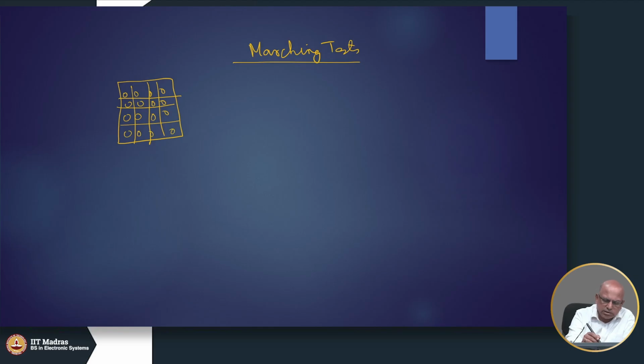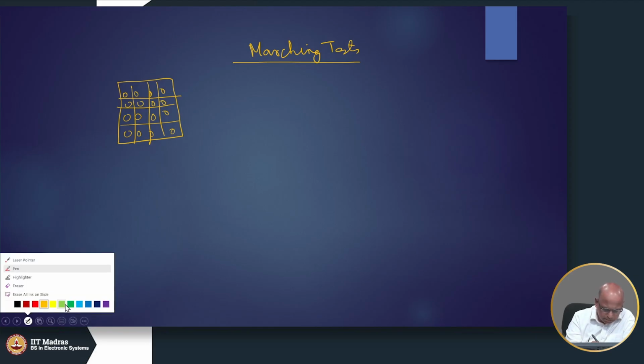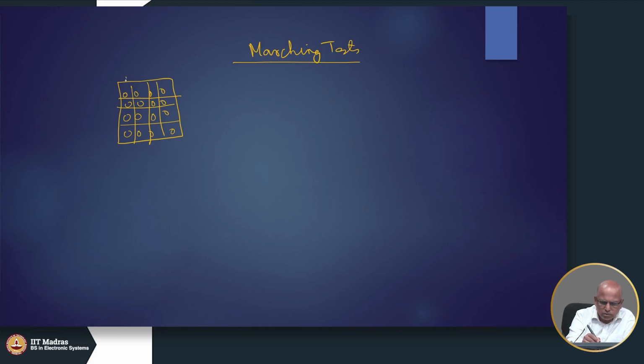So these addresses are 0, 1, 2, 3. Let me label the addresses. So this address is 0, this is 1, 2, 3, 4, 5, 6, 7, 8, 9, 10, 11, 12, 13, 14, 15.